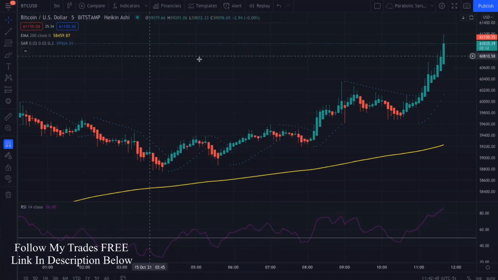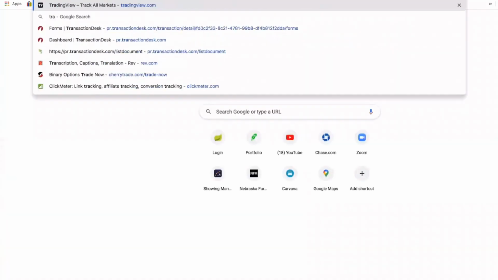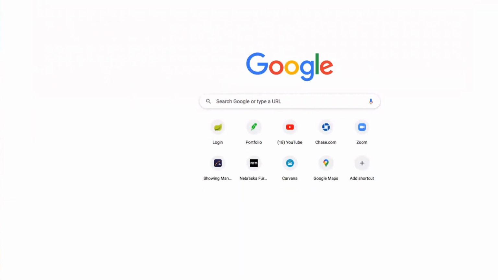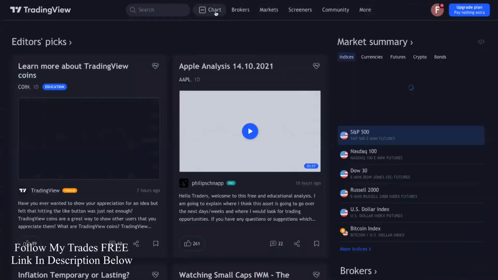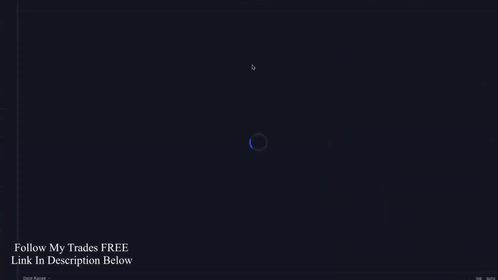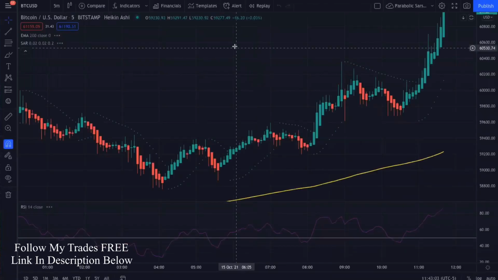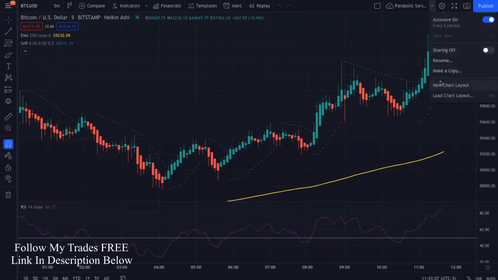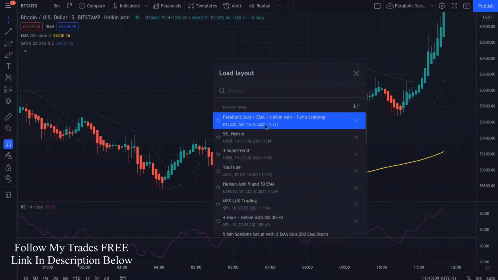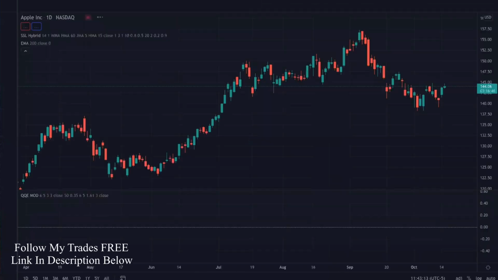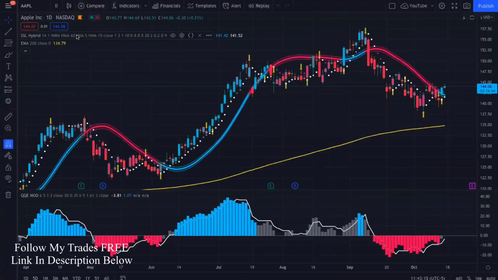All right, so this is what your chart's going to eventually look like when you first get on. So let's open up a new chart on TradingView. Go to tradingview.com, chart, and it automatically loaded up my standard chart. This is what I use for my YouTube videos. Let me get rid of all the charts.